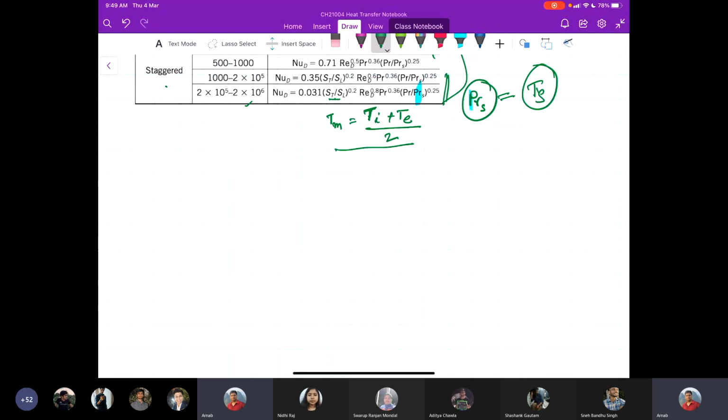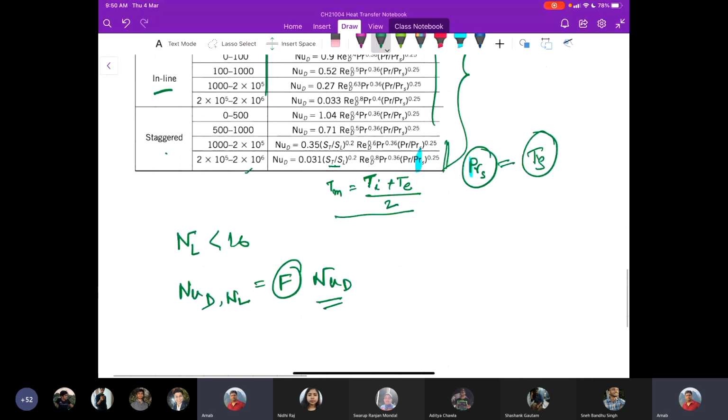So if I now consider this relation for a number of tubes lesser than 16, then my relation would be the Nusselt number based on the tube diameter, for this NL, multiplied by F, which is a correction factor, and the Nusselt number expressions that are given here in all the cases.